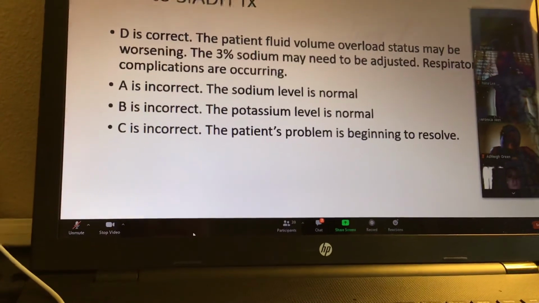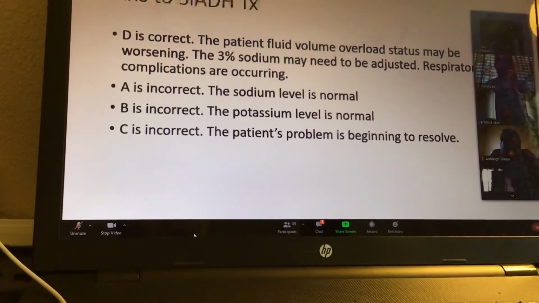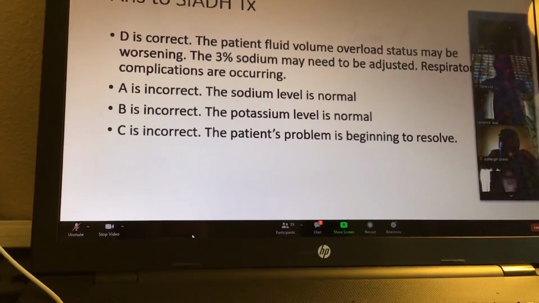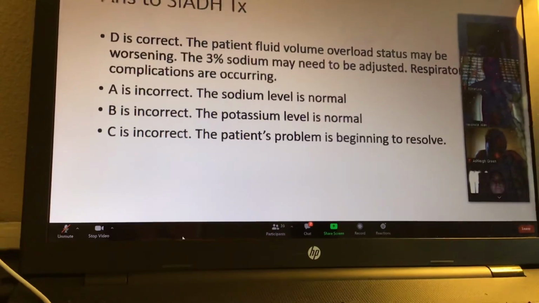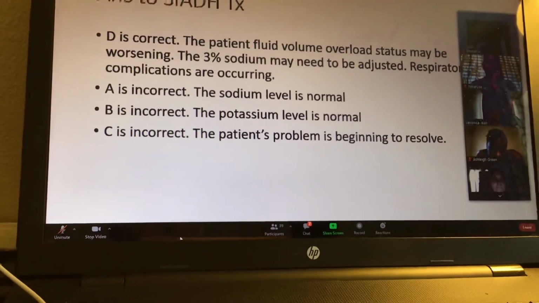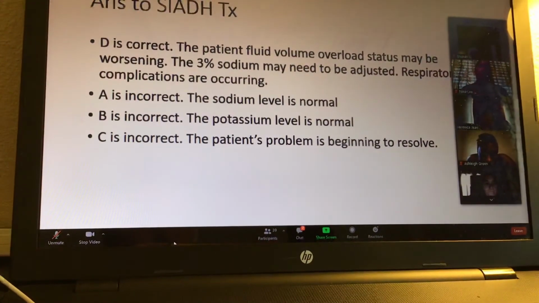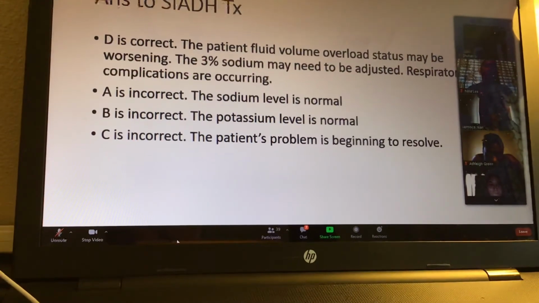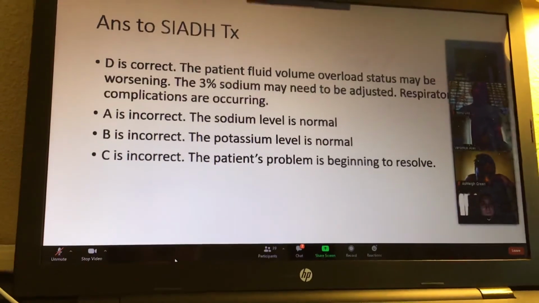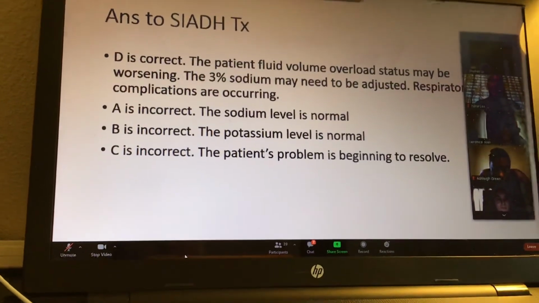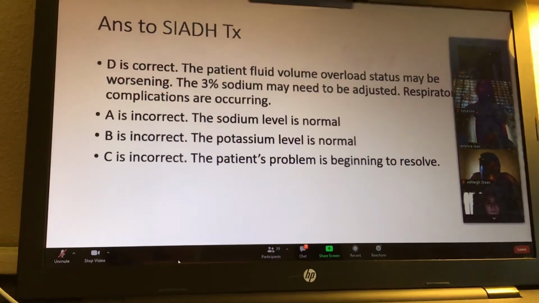All right. So the patient is actually in fluid volume overload, which could be worsened with the sodium. So the 3% may need to be adjusted because it's causing some complications. Your sodium level is normal.